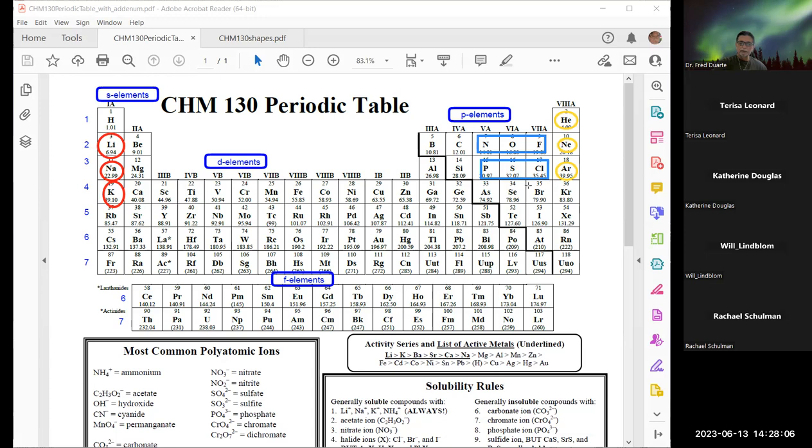And the other two that are more often used than the others are bromine and iodine. They gain 1 electron, and bromine becomes isoelectronic with krypton, and iodine becomes isoelectronic with xenon by gaining that 1 electron. So the ultimate goal is to have an electron configuration of a noble gas.